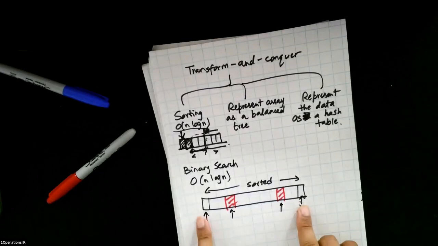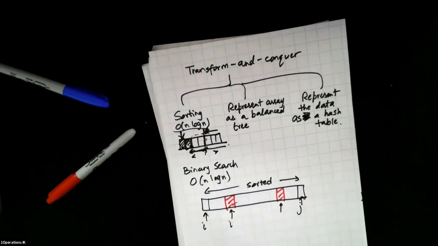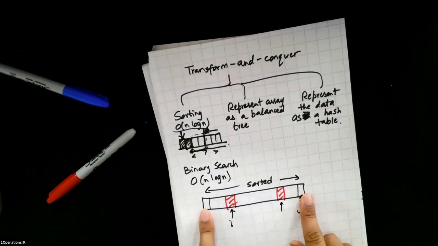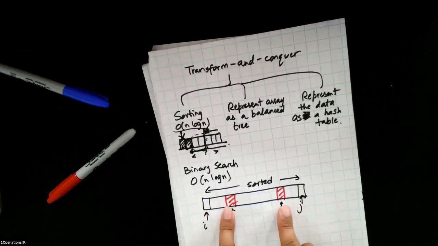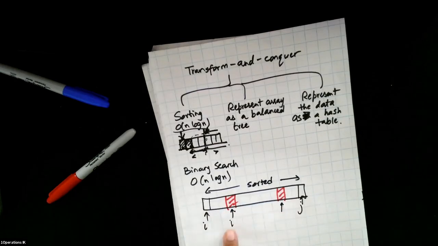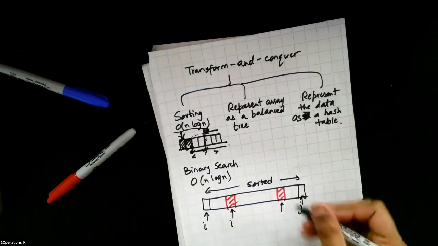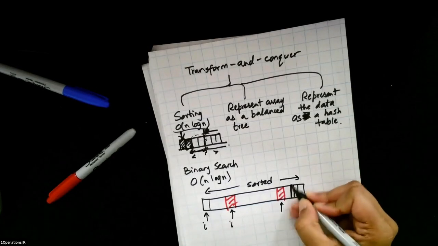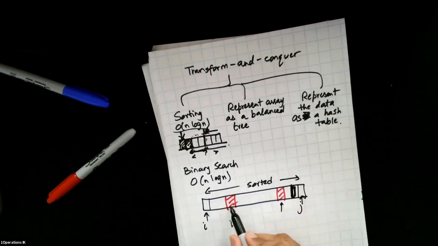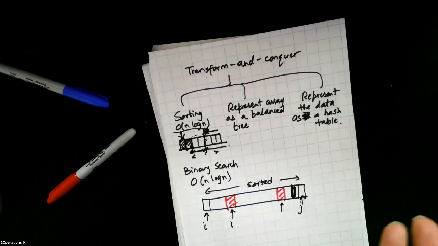Why is that guaranteed? Because let's say that the I pointer reached here first. We know that in each step, either I is moving to the right or J is moving to the left. So one of them is going to reach a red number. We don't know which one. Let's say it's I. And let's say at that point, J was somewhere here. What would this number and this number add to? Something that's equal to the target, less than the target, or more than the target?